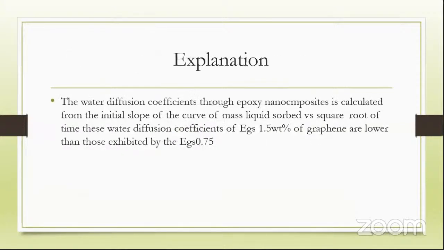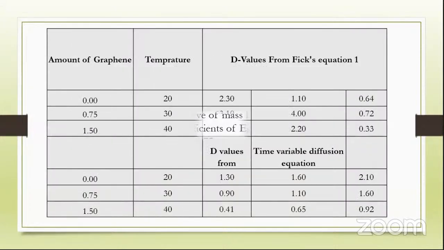The calculated diffusion coefficient was highest for the neat pristine epoxy system, whereas the diffusion coefficients decreased for the nanocomposites synthesized from 0.75 and 1.5% of graphene. These coefficients were comparatively lower for 1.5 than for the 0.75 nanocomposite.